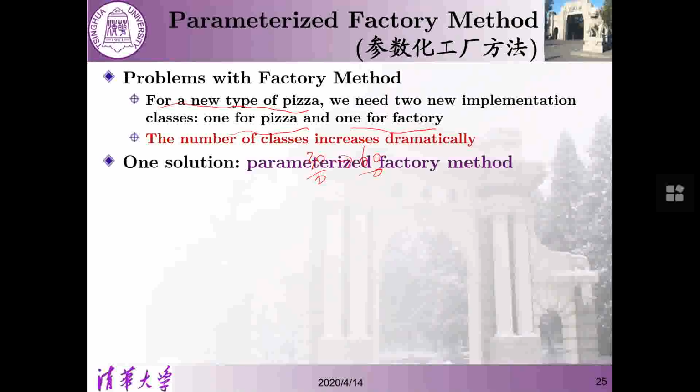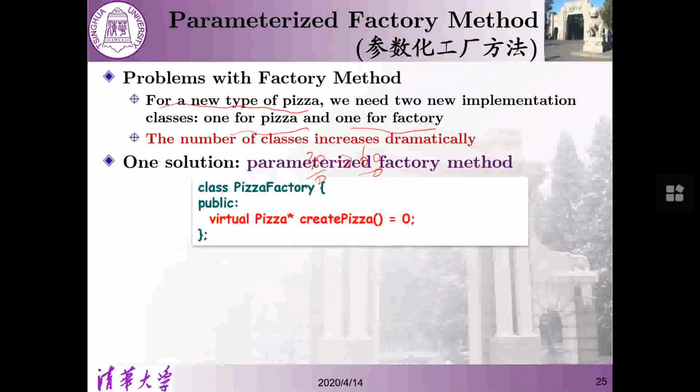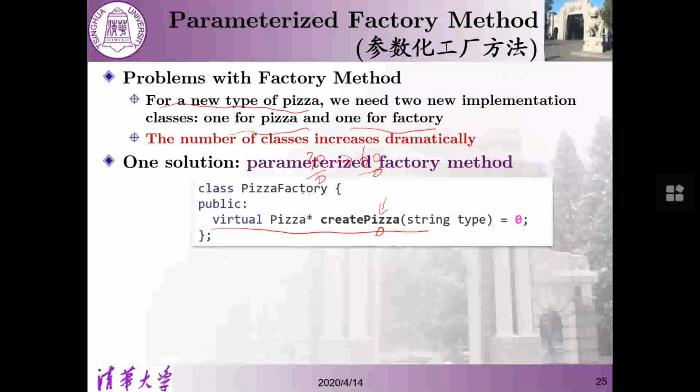One solution is to use the parameterized factory method. Originally, for the factory method, we use this, and in this factory method we do not have parameters. However, we know that for simple factory, there are parameters, and parameters are used to determine the types of the pizza. Now for the pizza factory, for the factory method, we again add the parameters.